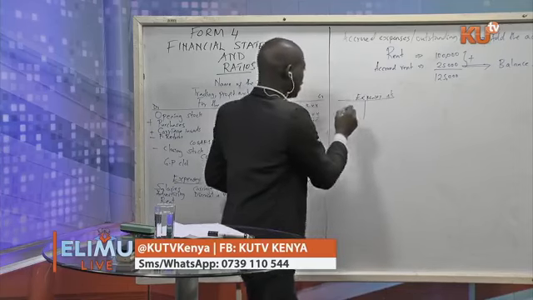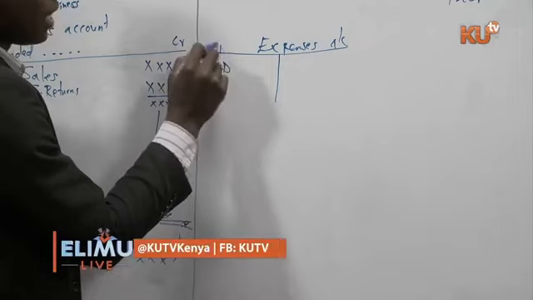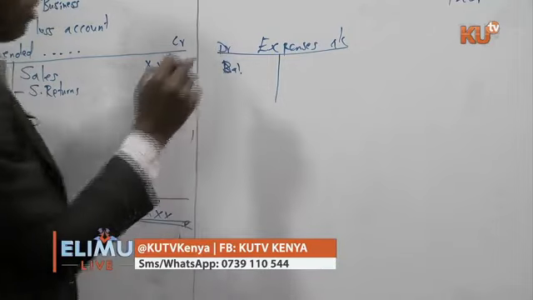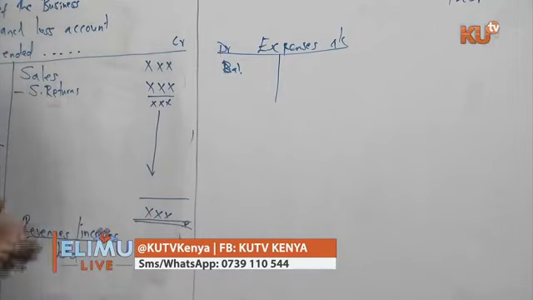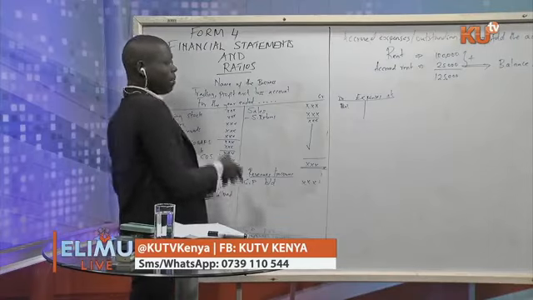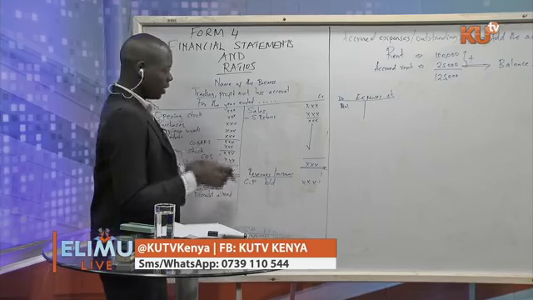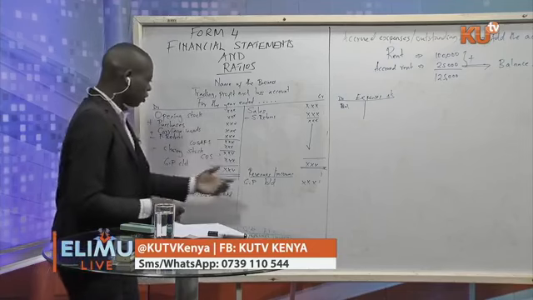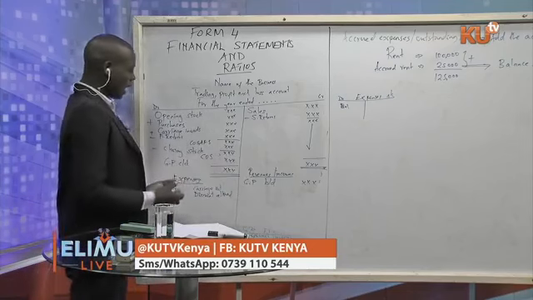Revenues have credit balances. Therefore, all expenses will be captured on the debit side of the trading profit and loss account, and incomes on the credit side.